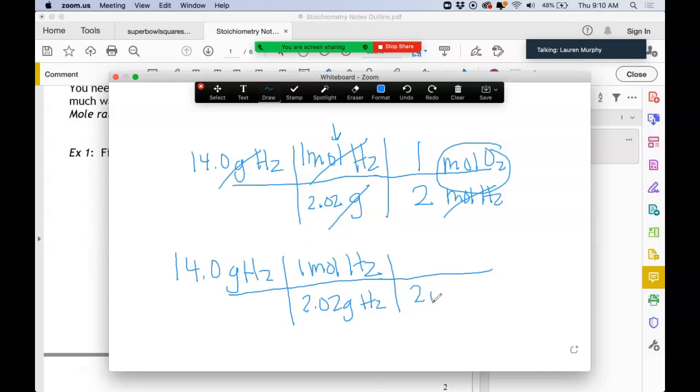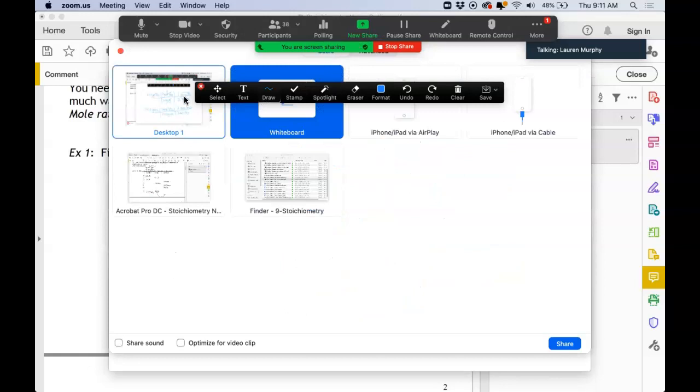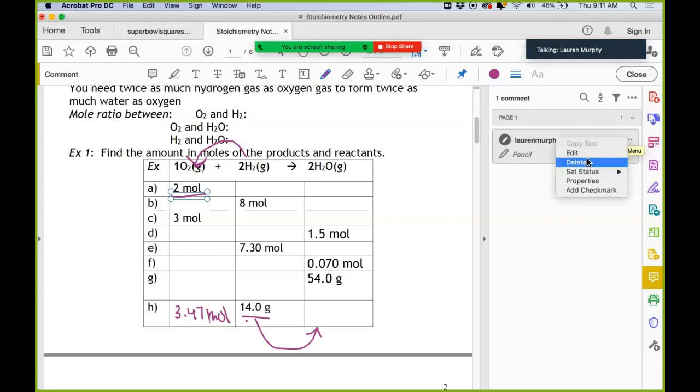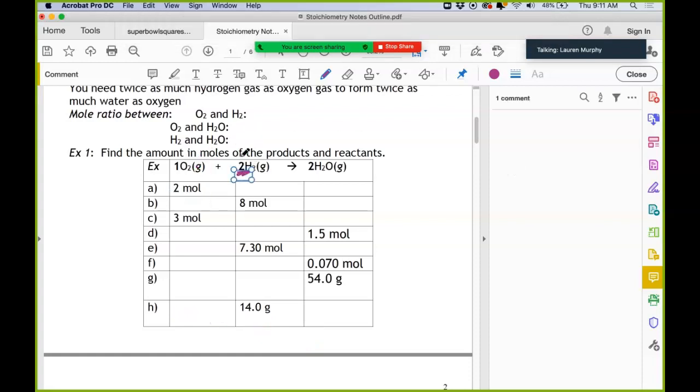For every 2 moles of hydrogen, that goes on the bottom, that react, 2 moles of water are produced. Where do I get that? I get that from the balanced chemical reaction. For every 2 moles of this, now I'm jumping over here, there are 2 moles of this.